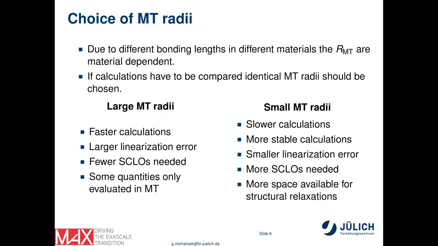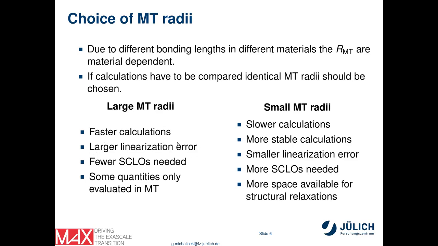And there are also advantages to both larger and smaller muffin tin radii. For large muffin tin radii, the calculations are faster. We saw that with the Kmax convergence, so we can choose smaller Kmax values, and this means our basis set is smaller, and then the calculation is faster.